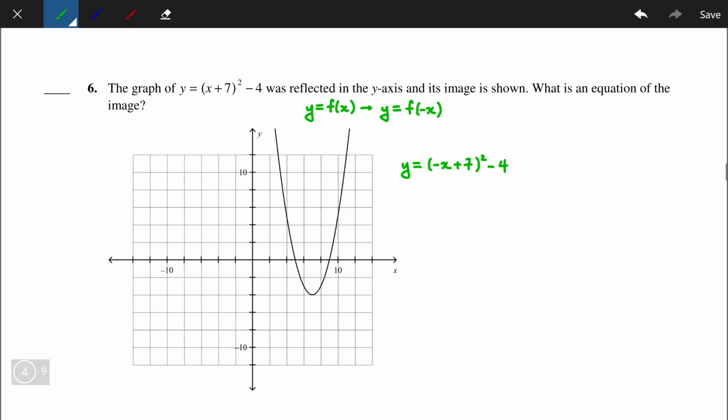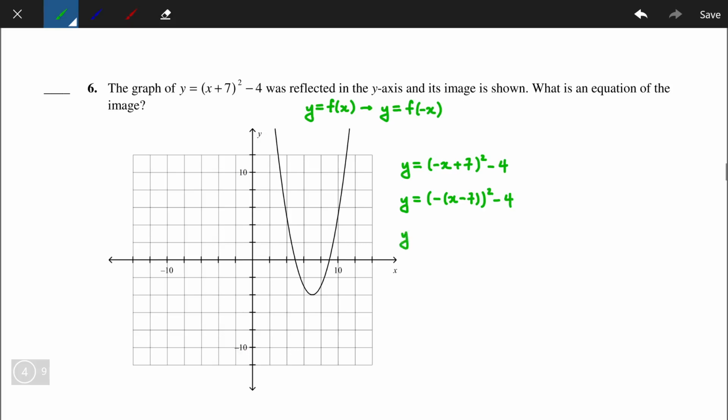So notice that we can factor out a negative 1 from inside the parentheses. So we have negative and then x minus 7, and then all squared minus 4, like so. And if we square just the negative 1, then it becomes positive.